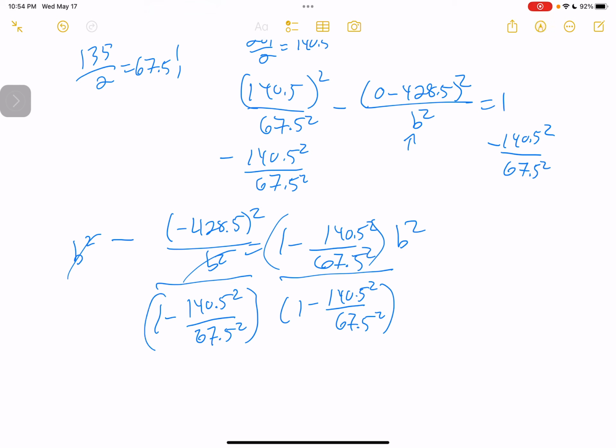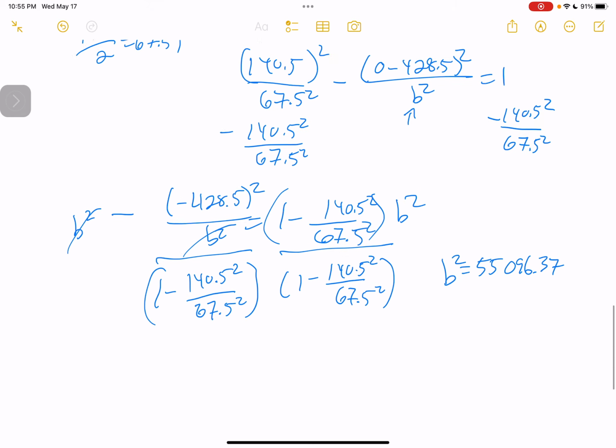What you end up with is b squared, which is all we need, we don't need b, and it is 55,096.37. I verified this on a certain program, and it does work out that way.